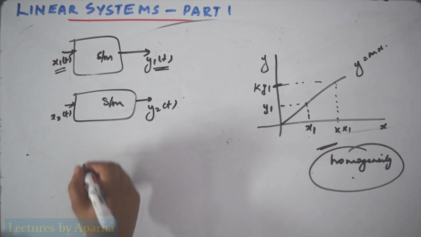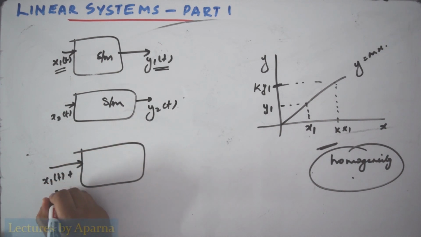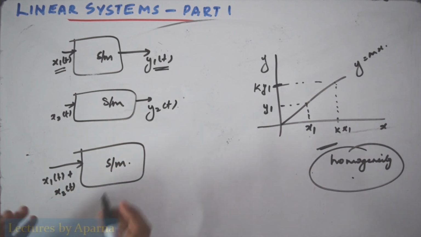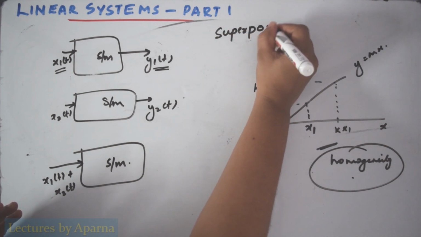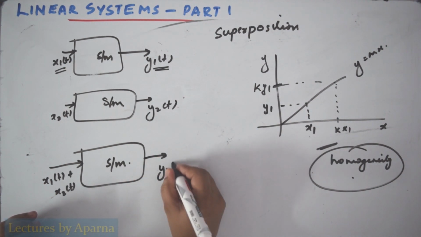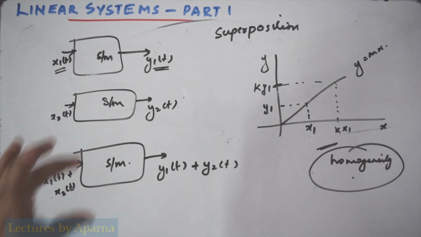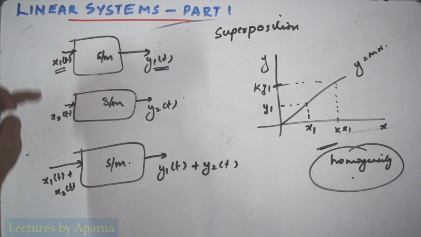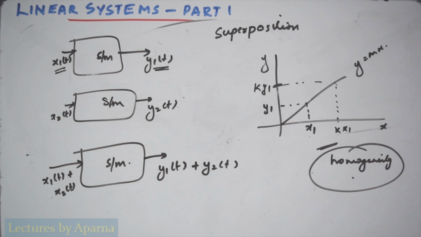Now to the same system, if I give x1 of t plus x2 of t, then if this system is obeying the superposition property, its output should be equal to y1 of t plus y2 of t, which is the combination of the outputs which we get individually when we give x1 of t and x2 of t. So this is known as the superposition principle.